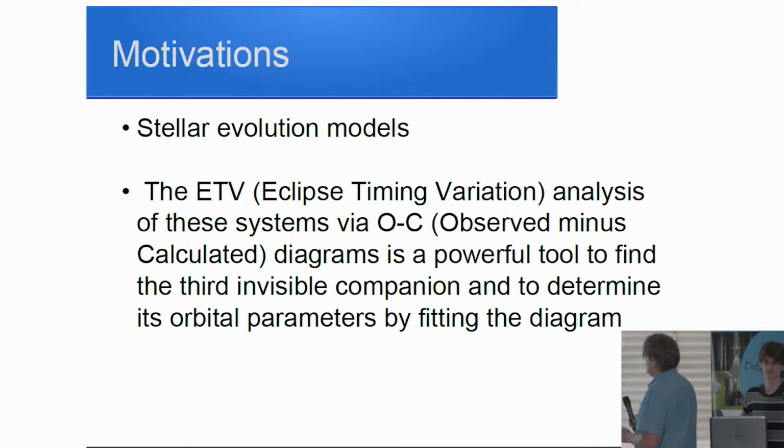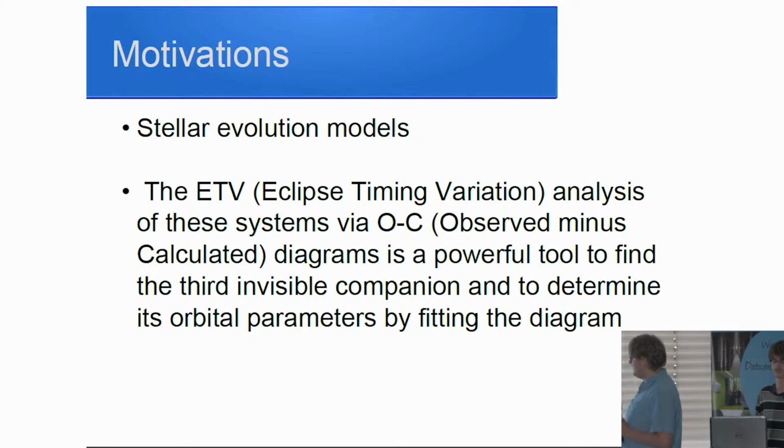Most of the binary stars have a third companion, especially if this eclipsing binary has a very short period. I'm thinking about around 3 days. So therefore, to find this third companion, it's essential to improve our stellar evolution models.